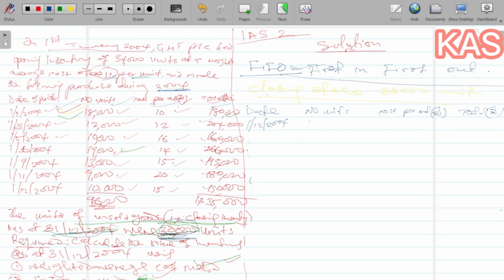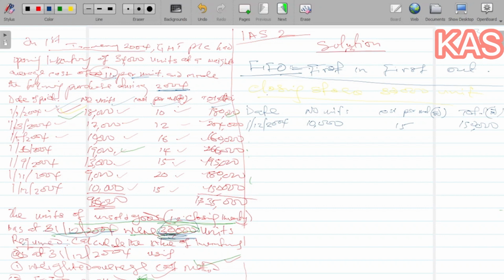How many units do we have? We have 10,000. The price is 15. We have 150,000 naira. But we are still looking for 20,000, because we are told we have 30,000 units as our closing stock.